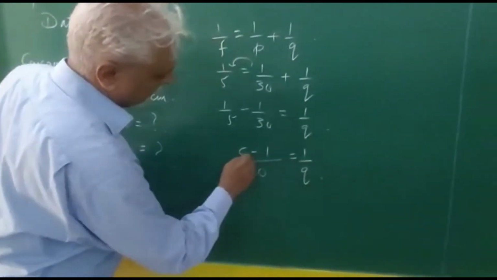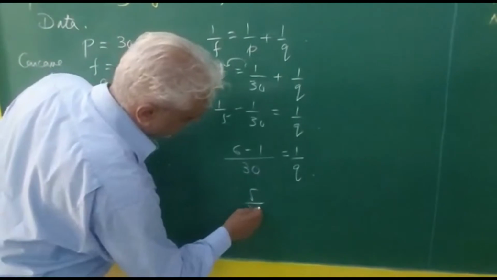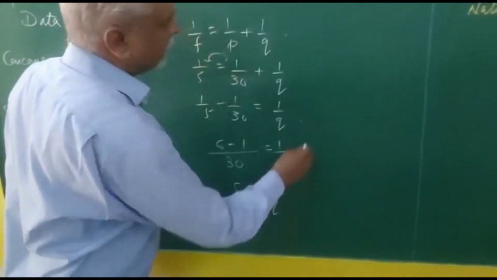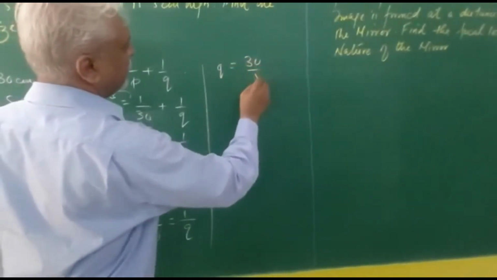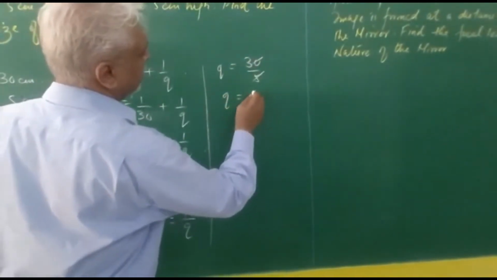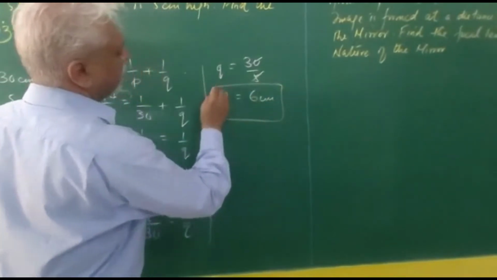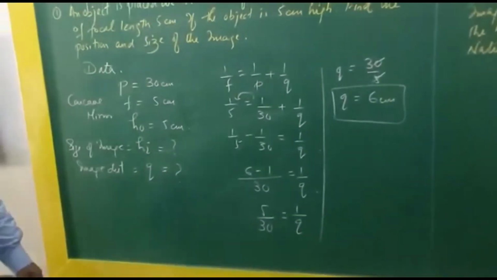So you have 6 minus 1, 5 over 30, is 1 over Q. We invert this, so we get Q is equal to 30 over 5. So hence your image distance, or the position of the image, is 6 centimeters.